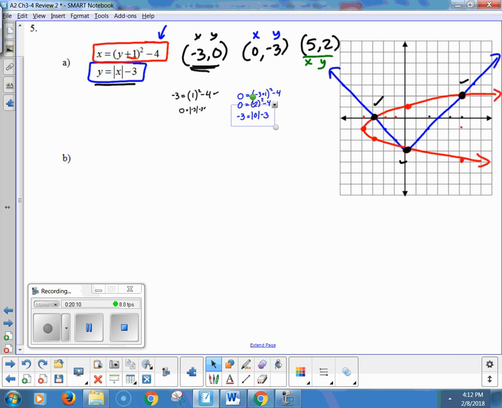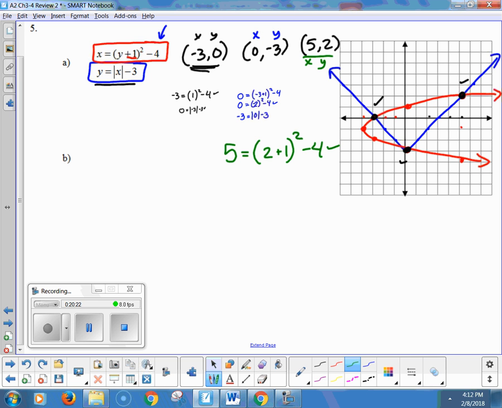So now, checking that last point, if x is 5, we would get 5 must equal 2 plus 1 squared, that's 9, minus 4. Well, that I know is true. And then in the bottom equation, it would be 2 must equal the absolute value of 5 minus 3. That also works. So all points check out.